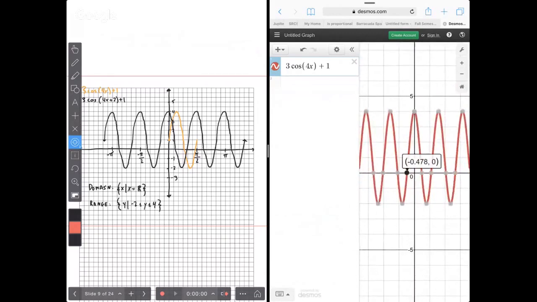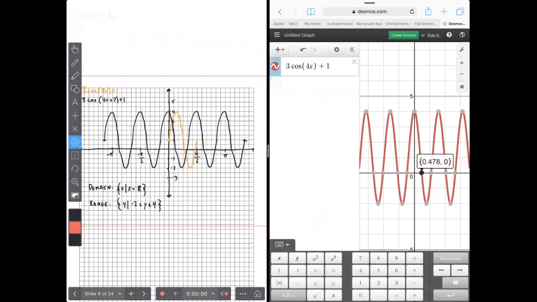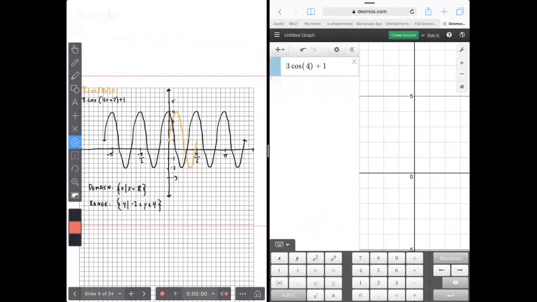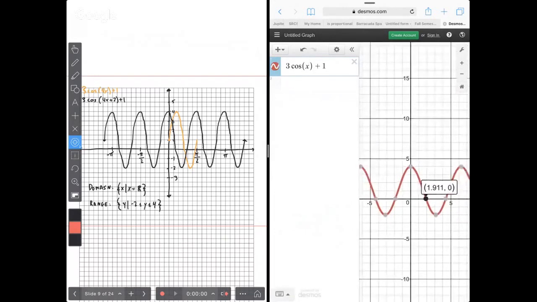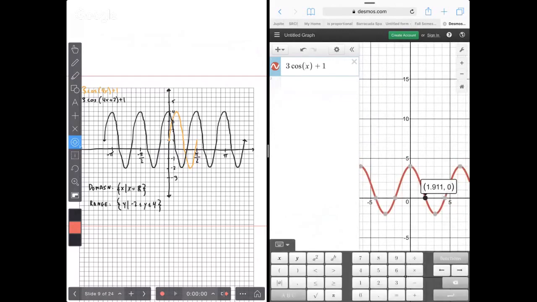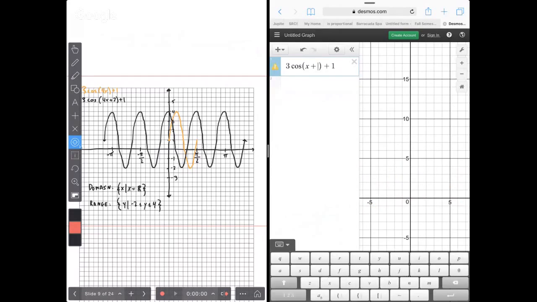So there it is before it's been dilated. Oh, let's check out 3 cosine of just x plus 1. And then if I did my plus 2, that moves it to the left. Let's watch it move to the left.